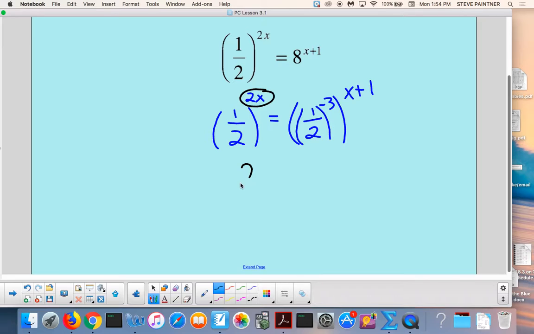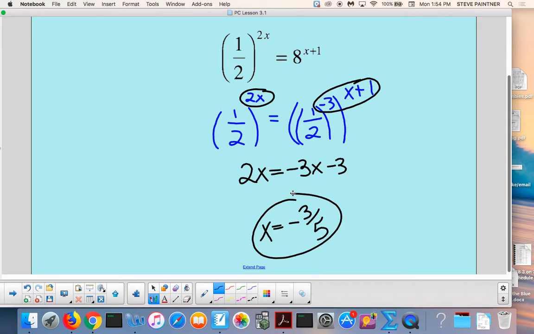So this is 2x equals, and this mess is what? If you solve it, you're going to get -3/5. But wait a minute, I just want to show you that you didn't have to do it that way. Somebody else tell me what they did. I switched 1/2 to 2, and then I made that exponent -2x.